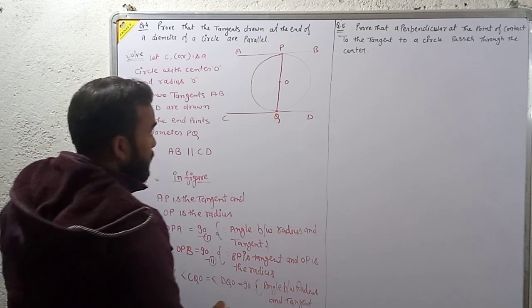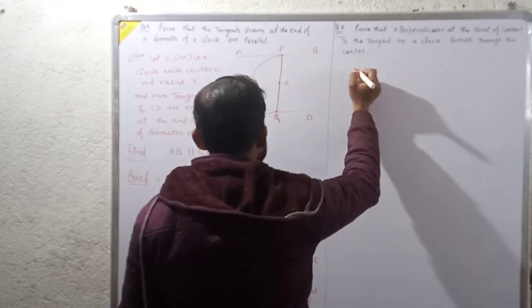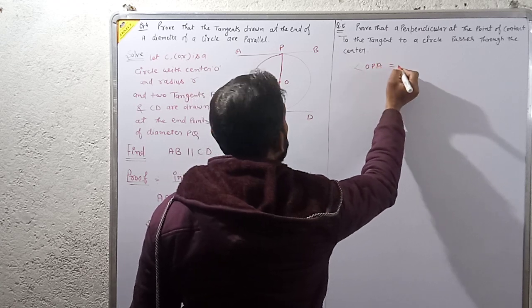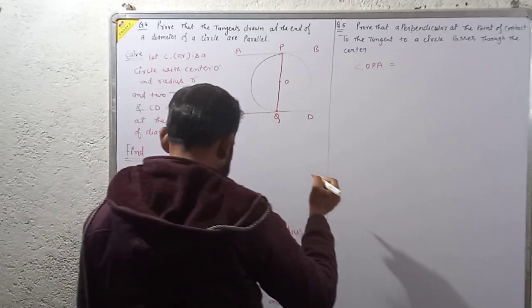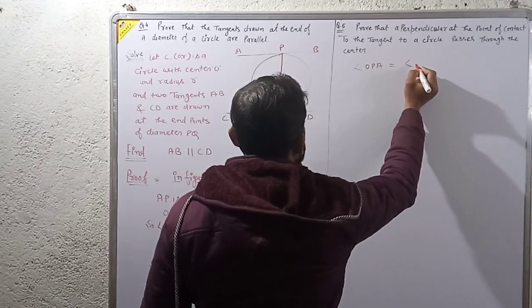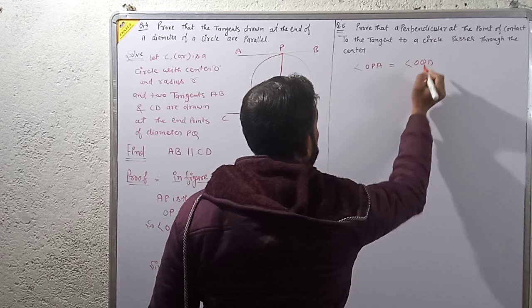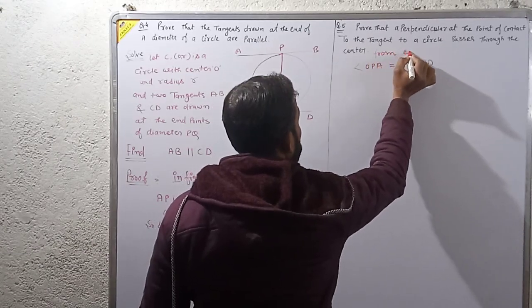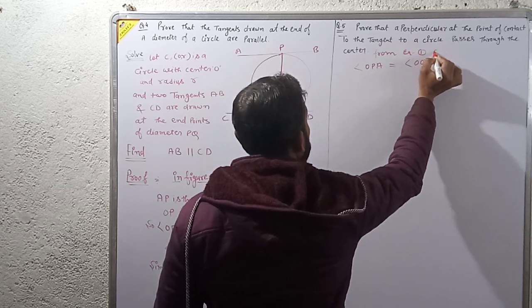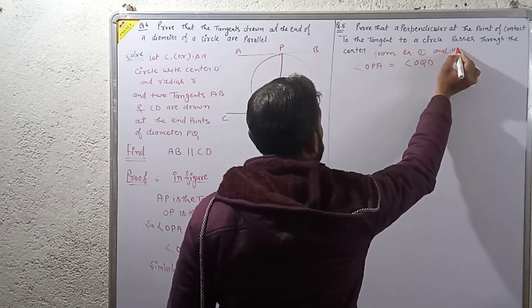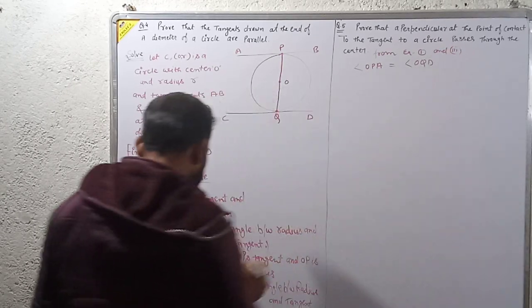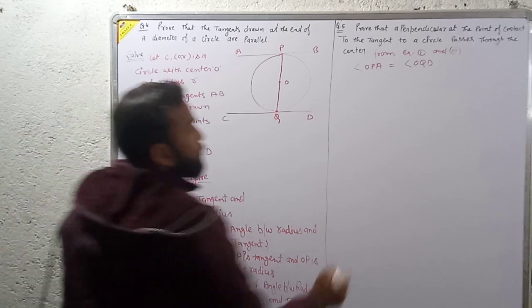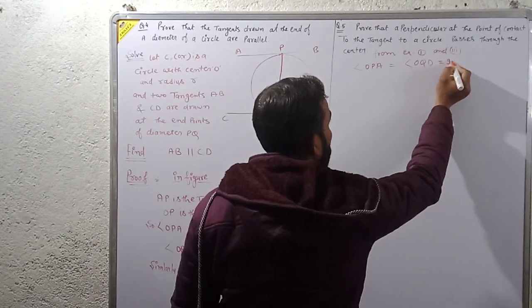So we can say that angle OPA is equal to angle OQD, from equations first and third, equal to 90 degrees.